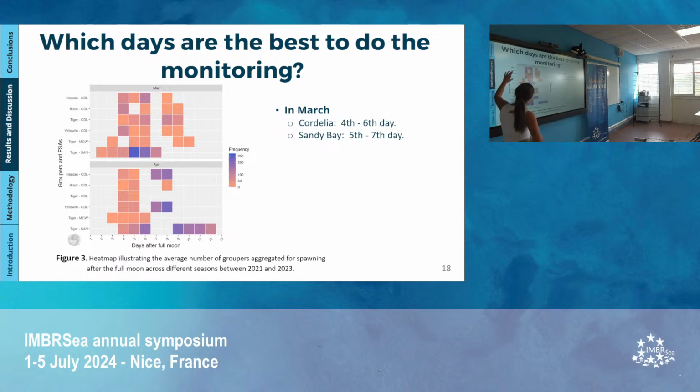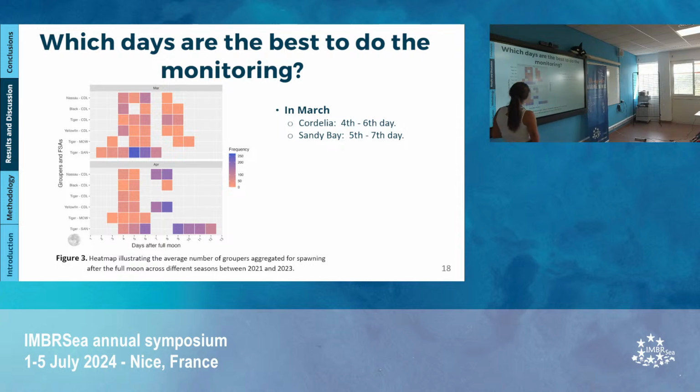So in Cordelia, we observed that the highest frequency is between the 4th and the 7th day, on the 6th day. And in Sandy Bay, the best days to go to do the monitoring are around the 5th, on the 5th and the 7th day.